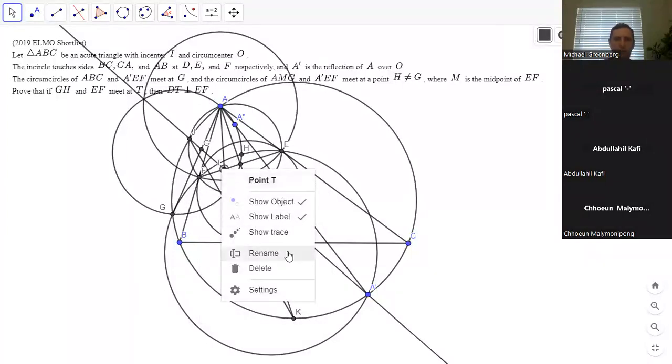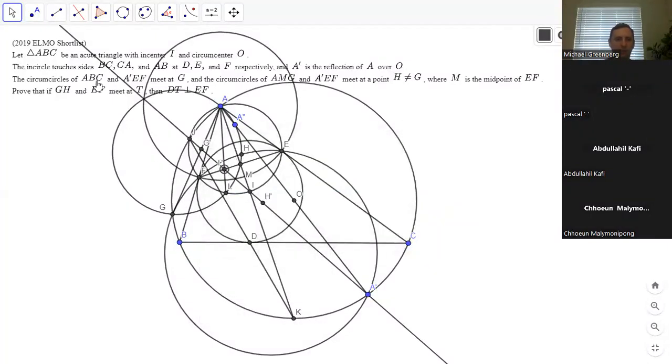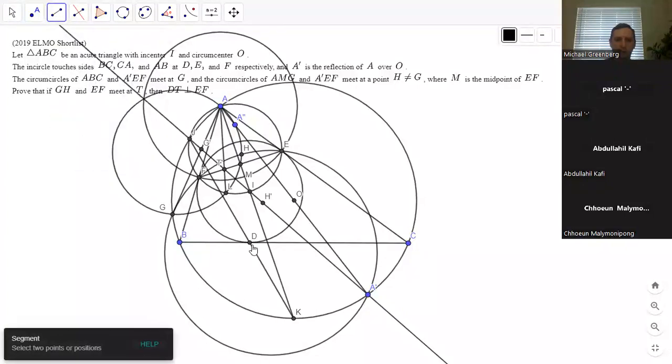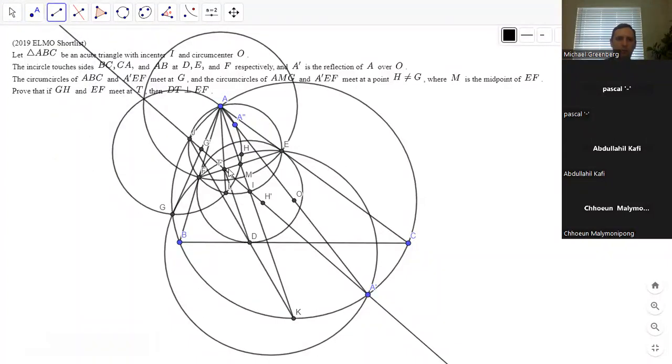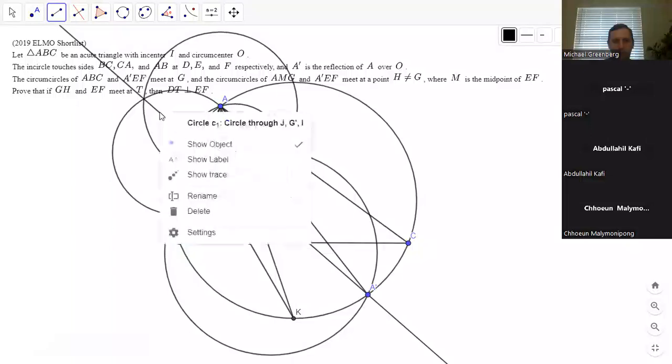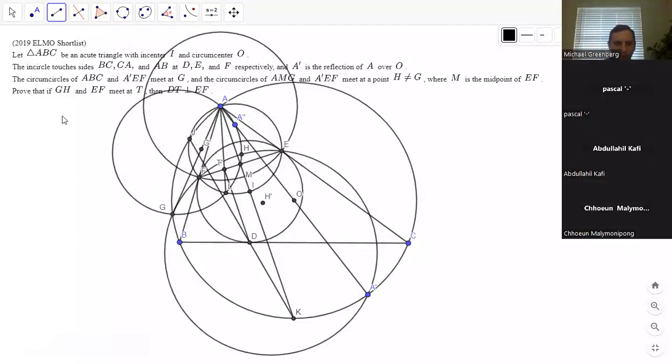I should let T prime be the perpendicular from B to EF. Then I should draw everything else after that. I think I like that better.